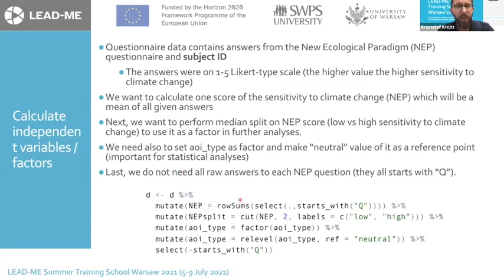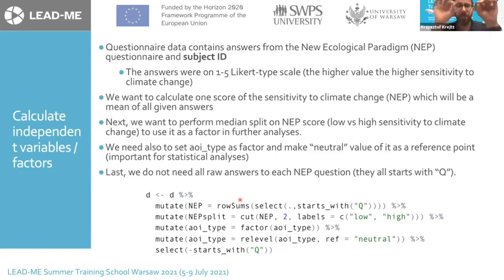And if we have combined these data frames together, we need to calculate the metric for sensitivity to climate change. It should be just a sum of all the answers people gave to the questions of the SNAP questionnaire.